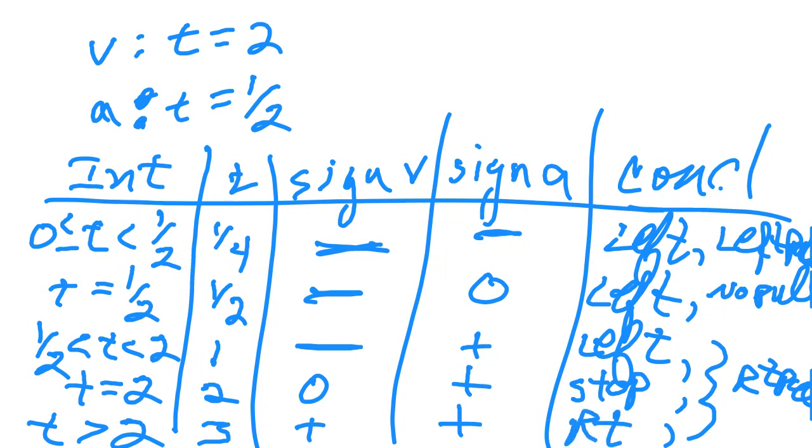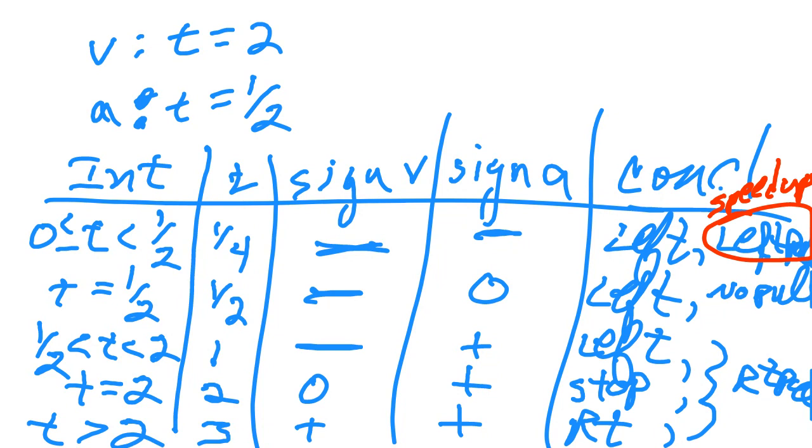So that was what we had initially. But I'm putting it all together. So now, instead of this left pull, I'm going left with left pull. So what does that mean the particle's doing? It's going faster to the left. It's speeding up. Yep, so it's speeding up.